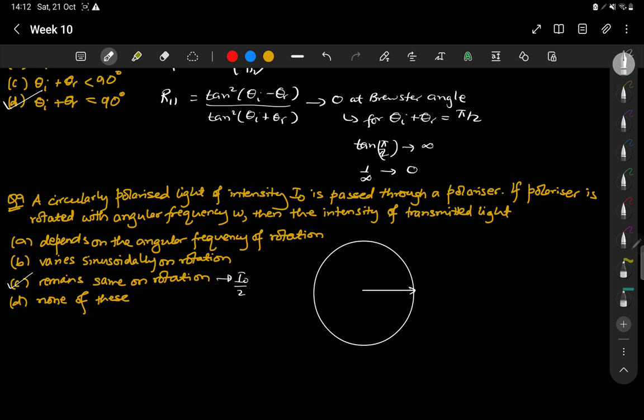So in circularly polarized light, the polarization of the light changes like in a circular motion. It rotates along this circle with uniform angular velocity.